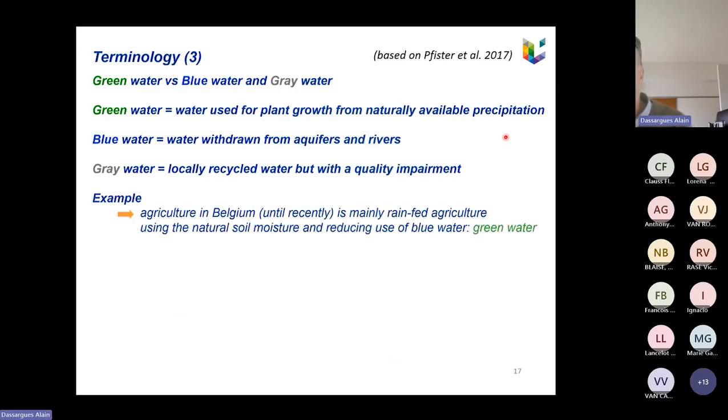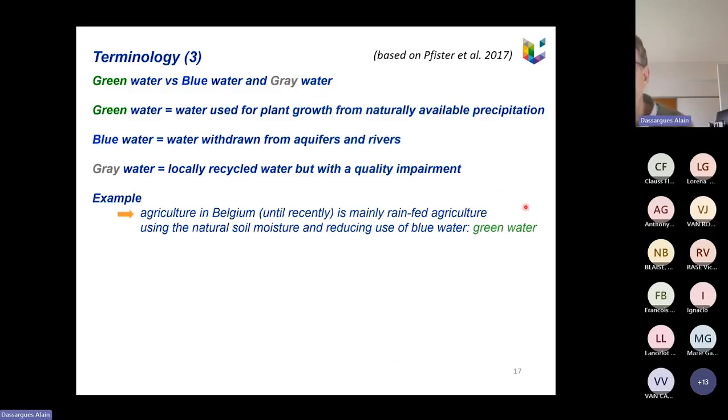A few examples. Example in agriculture in Belgium: until recently, agriculture in Belgium was mostly rain-fed, using the natural soil moisture and reducing the use of blue water.